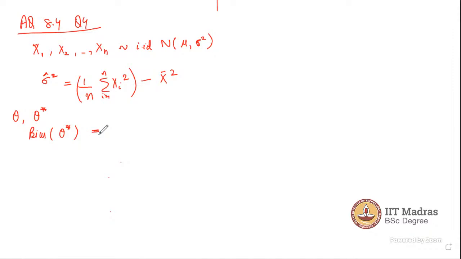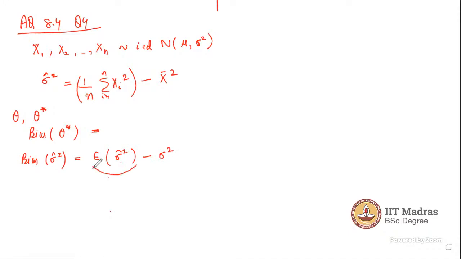So the same thing we'll do here. To find the bias of sigma hat square, I will have to find expectation of sigma hat square minus expectation of sigma square. So that is just sigma square.